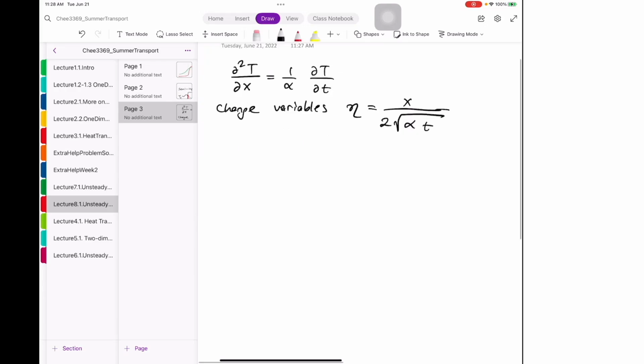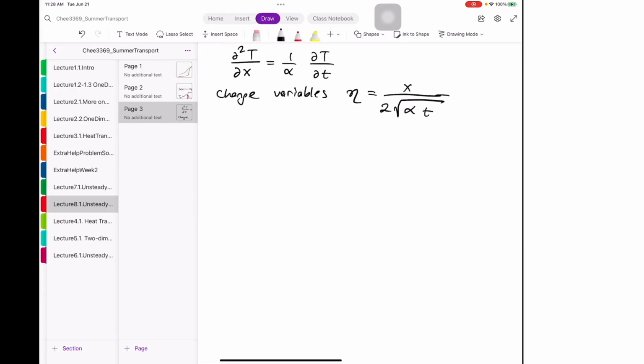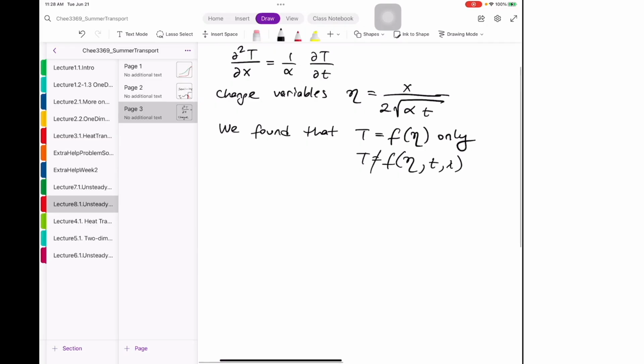Okay, and we found that T is a function of eta only. I mean, it's not a function of eta and t or x together. So we found that you can actually write down T as a function of eta.